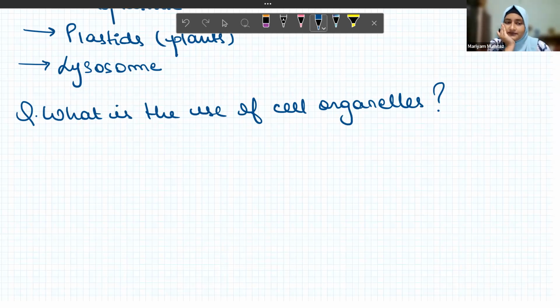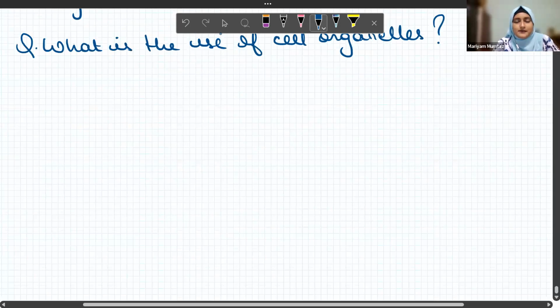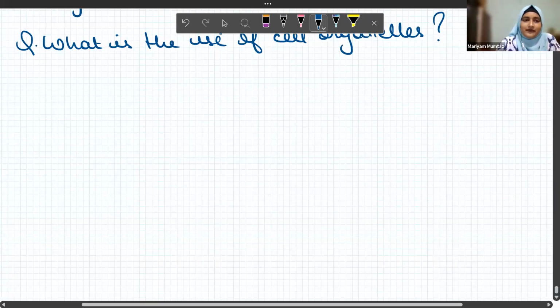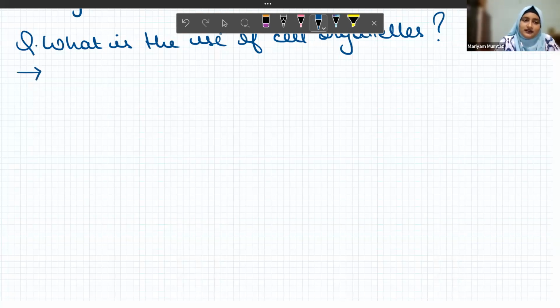They play a very important role in the cell. They do the basic functions in the cell. For example, mitochondria is the powerhouse of the cell, and lysosomes protect the cell from outer threats or viruses. Yes, you're right.